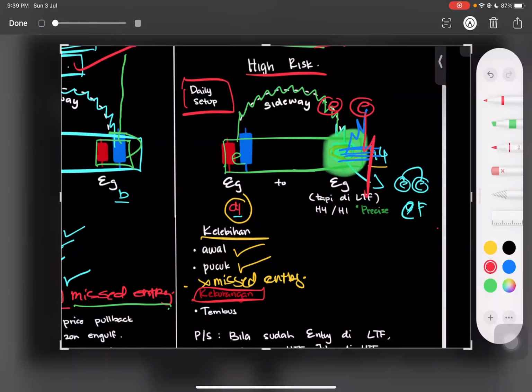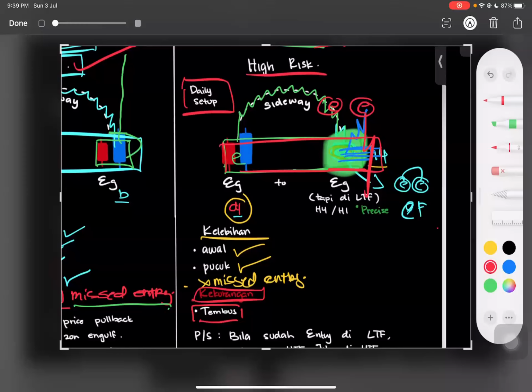Boom, price breaks your entry zone. So this is the con. Price can easily break your zone because when you enter on the H4, the daily confirmation is not complete yet. That's why we call this a high risk entry. You understand what I mean, right?